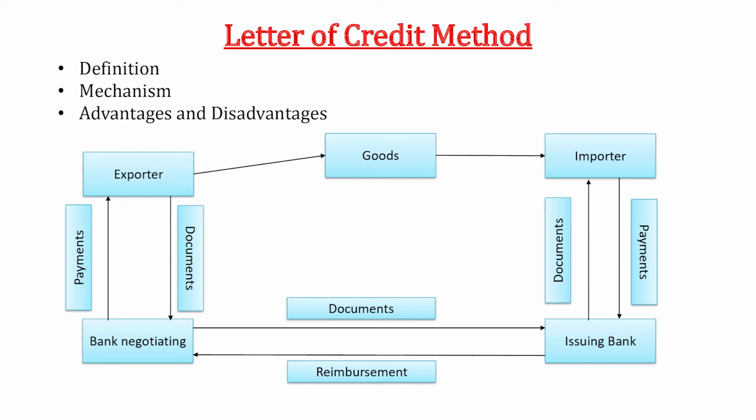And letter of credit is used by exporters all over the world. This instrument is used by exporters when they are dealing with new buyers especially, and the quantum of order is comparatively high, and they feel that there is a risk of non-payment.